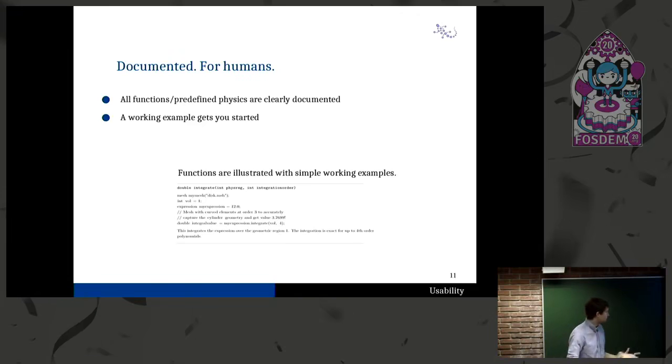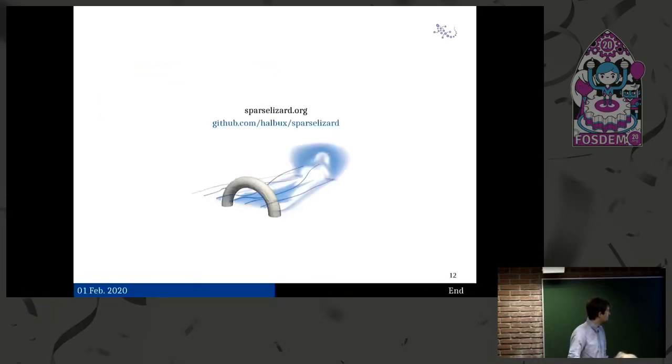This is valid for every function, and whenever I add a function, I add it immediately to the documentation. And it's available on GitHub for free. It's GPL, open source, of course. And if there's anyone who develops a CAD engine, I would definitely be happy to have some interaction to include it. Thanks.